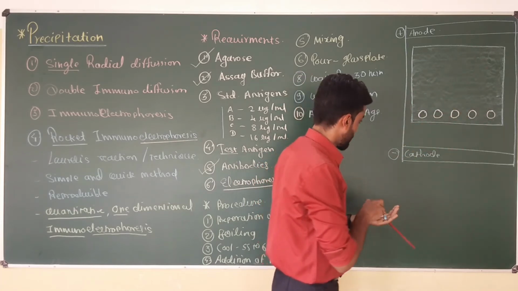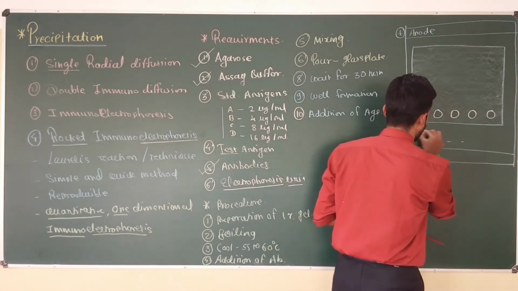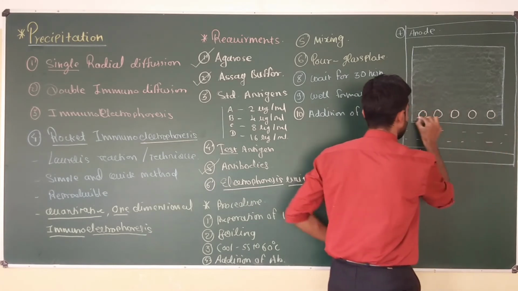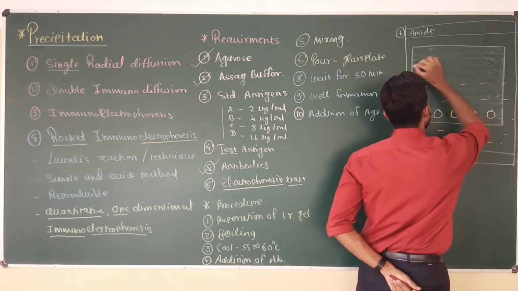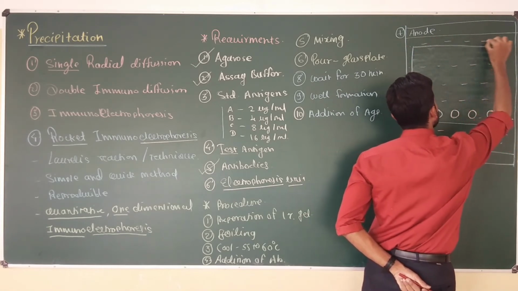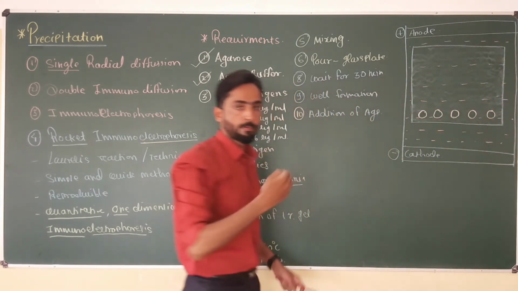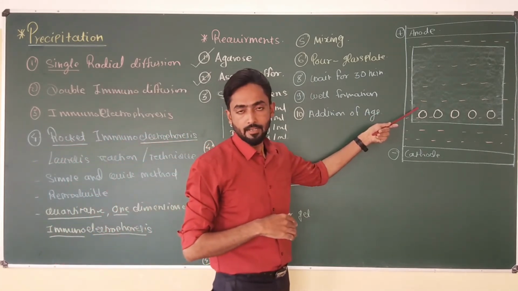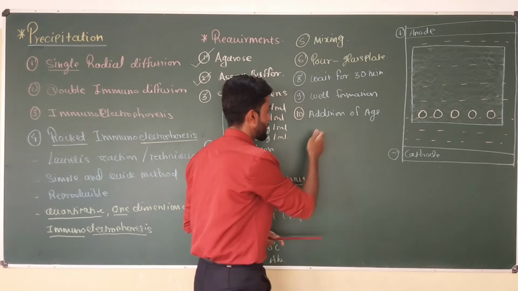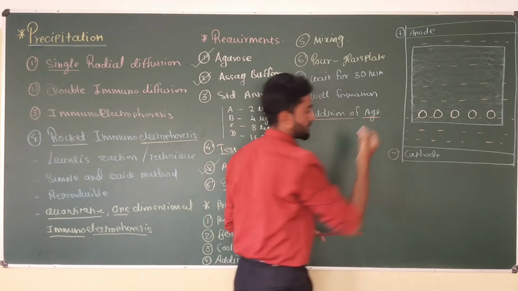So we can pour electrophoresis buffer in this tank. The buffer should cover the gel surface entirely, and then the next step will be the addition of antigens.